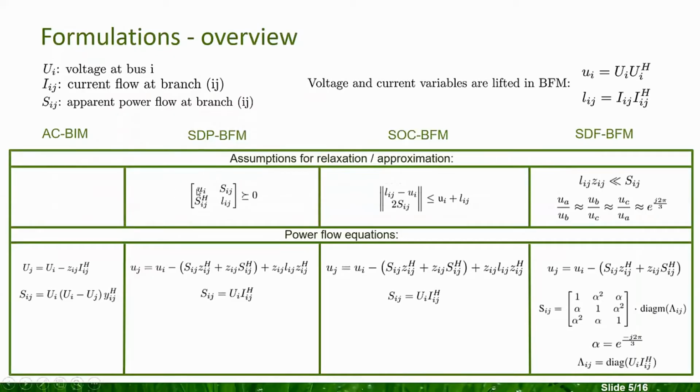The SDP is obtained by dropping the rank 1 constraint on this matrix, and then this matrix is relaxed to second order cone constraints to obtain the SOC formulations, while the SDF approximation relies on the two following assumptions, namely that the line losses are much lower than the apparent power flows through the branches, and the voltages are nearly balanced. All the branch flow models rely on lifted variable space, indicated here.